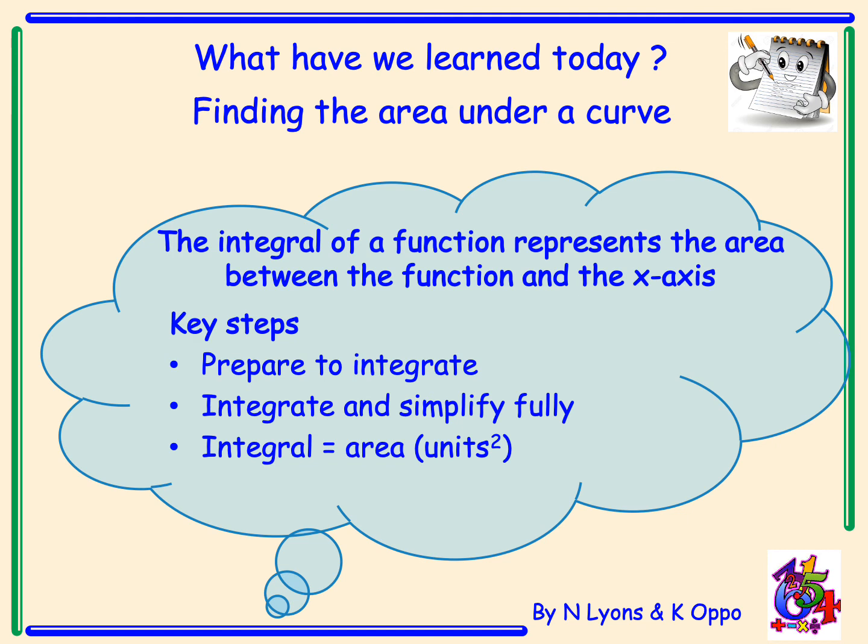We'll then have to insert our limits. So that gives the line 4 times 2 minus 1/3 multiplied by 2 cubed. Subtract 4 times 1 minus 1/3 multiplied by 1 cubed. Simplifying the first bracket, we will have 8 subtract 8 over 3.